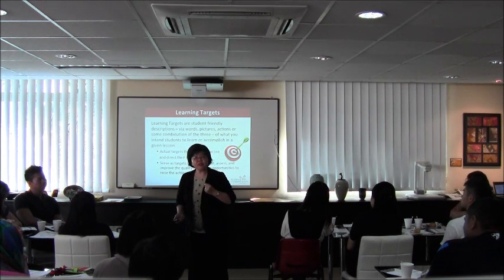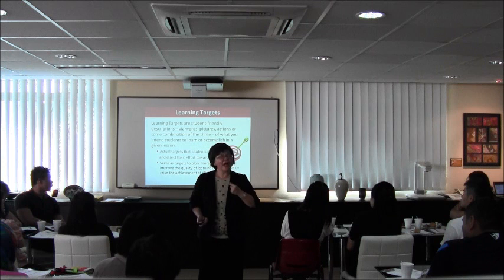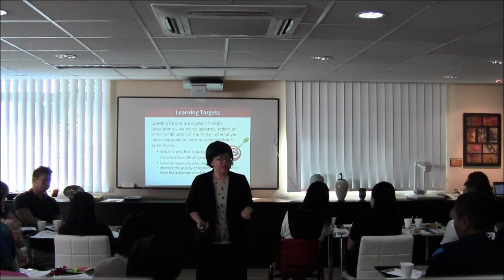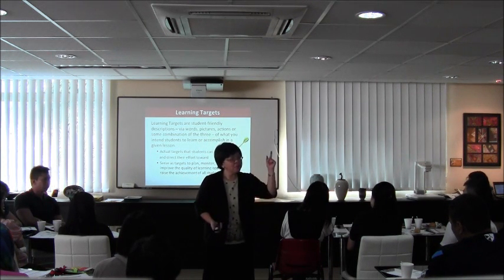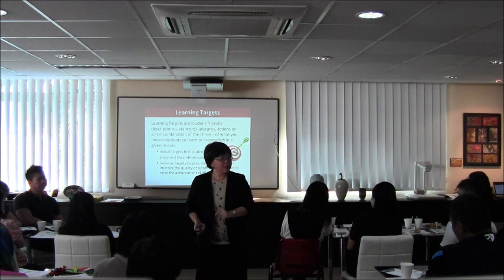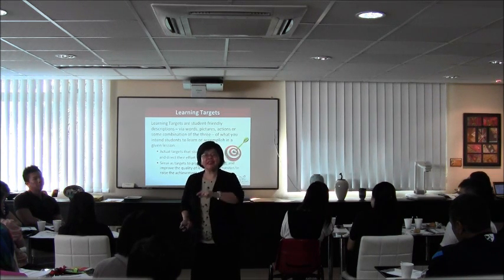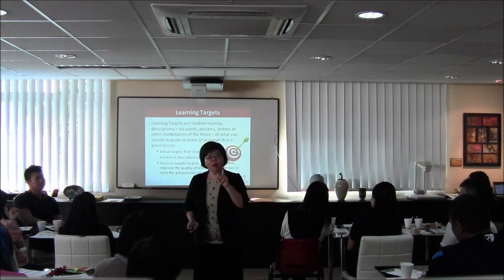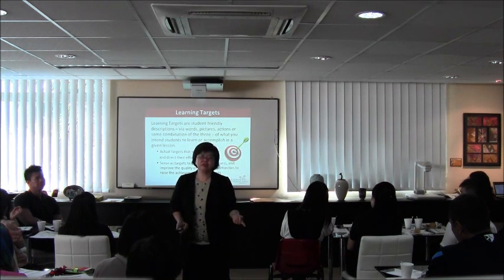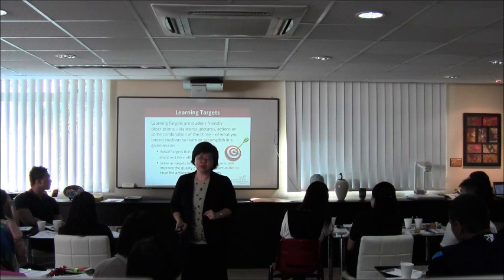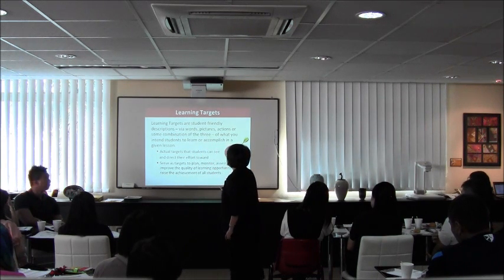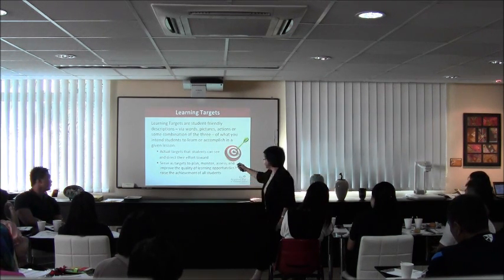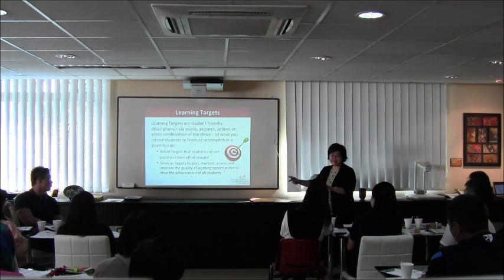So there are certain words that the teacher is very clear about wanting to hear the children say. I want my children to tell me it's 1 out of 4 equal parts. I want to hear my children say the whole has been divided into 4 equal parts. And I'm talking about 1 part out of 4 parts. And that's why it's written as 1/4. So there is an actual target that the student can see and direct their effort towards.